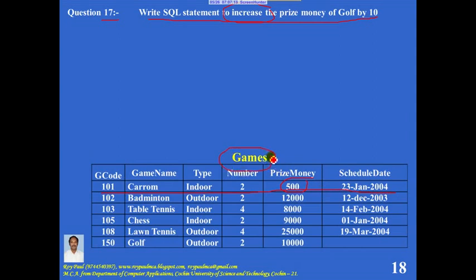In order to modify a row, the command is the keyword update followed by table name followed by the keyword set, and this is followed by the modification that you want to perform. So here the modification is increase the prize money by 10.